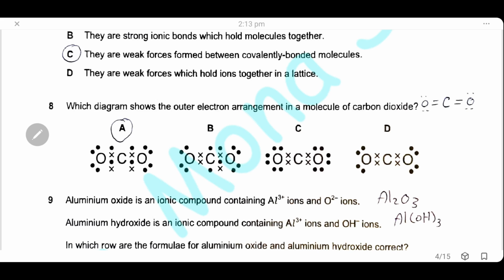Remember that we have 2 lone pairs of electrons around each oxygen atom, and the double bond is formed by sharing 2 pairs of electrons between the carbon and each oxygen atom. So here we have 2 pairs between the carbon and each oxygen, and 2 lone pairs of electrons around the oxygen.